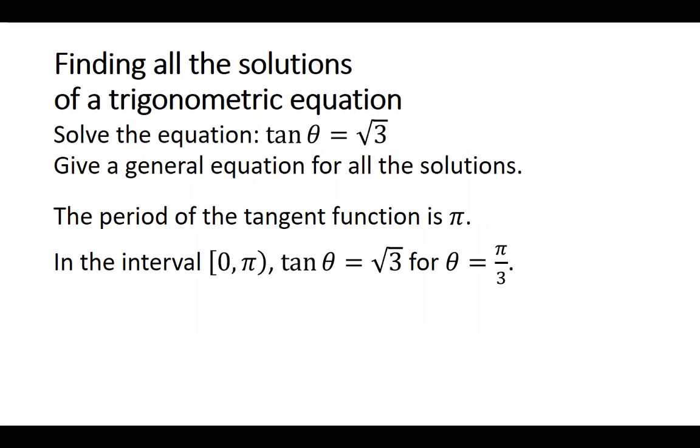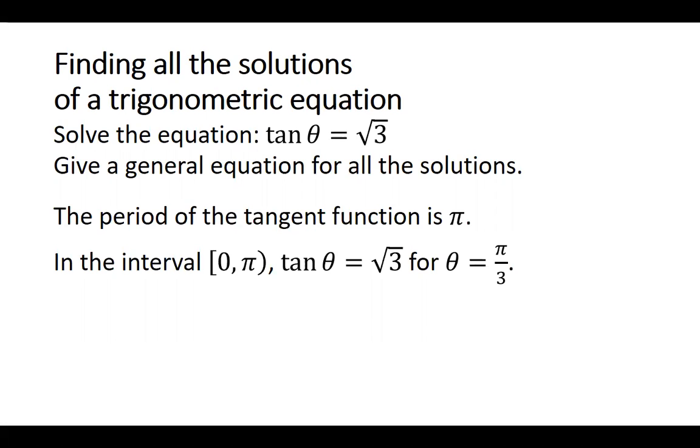In the interval from 0 to pi, tangent of theta equal to the square root of 3 is true when theta is equal to pi over 3. And you can get that from the unit circle or from drawing your triangles out, you know, the 1, square root of 3 triangles.